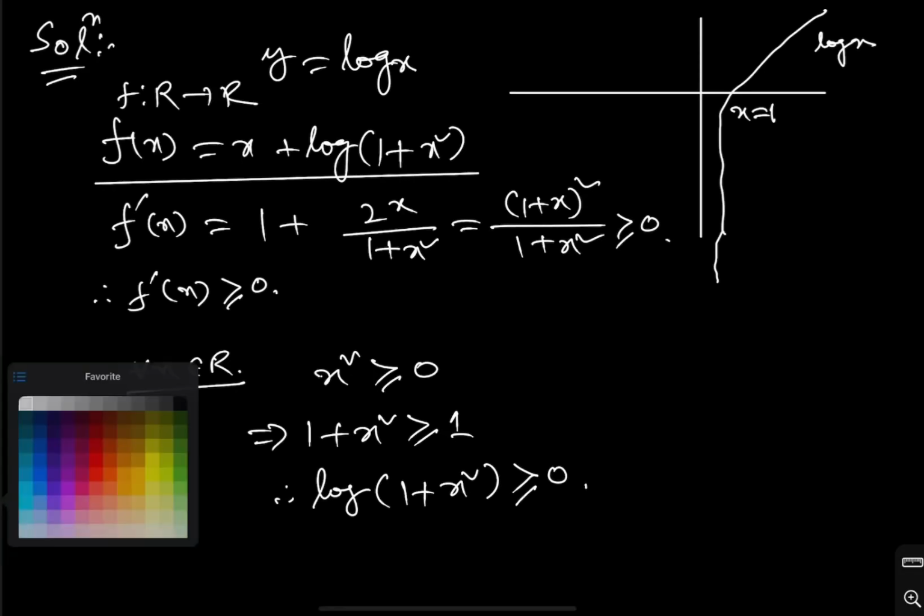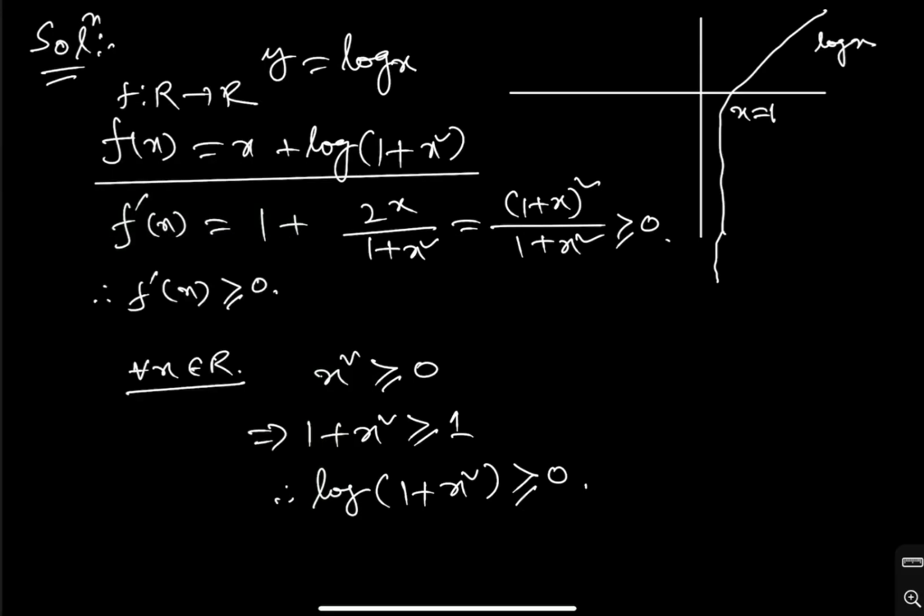So to understand the nature of this graph, this part, log of 1 plus x square, is always non-negative, and at x equal to 0 this becomes log 1, that is 0.